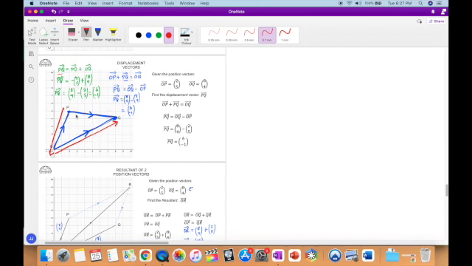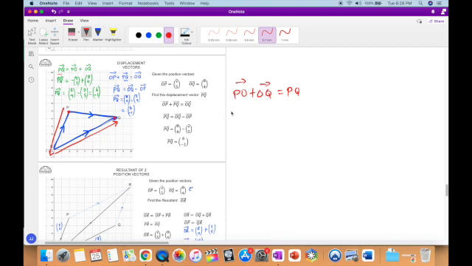So at the end of the day, remember, all they gave you was 2 points, right? And you're supposed to know that those 2 points could be represented as position vectors. And because PO plus OQ will give you PQ, remember, I don't have PO, I have OP.